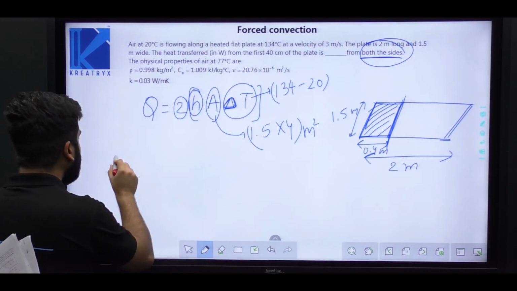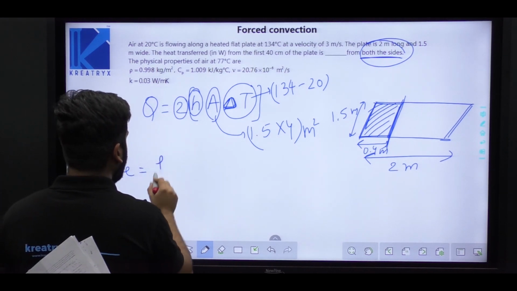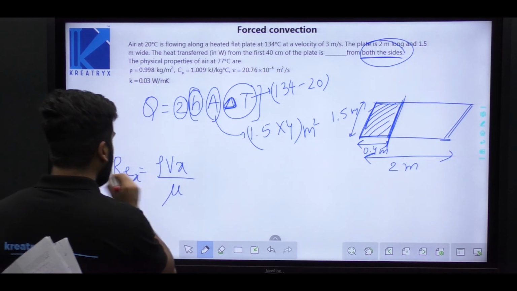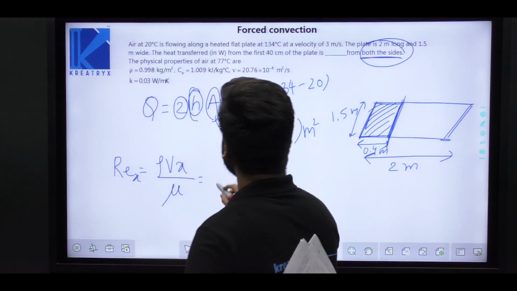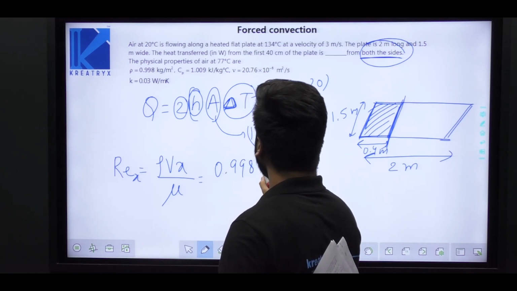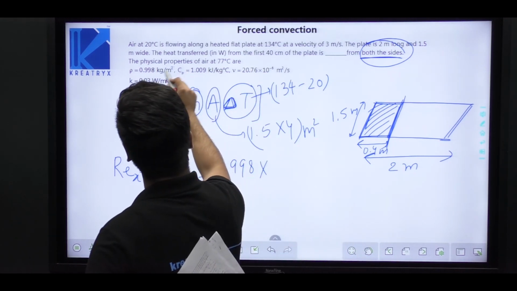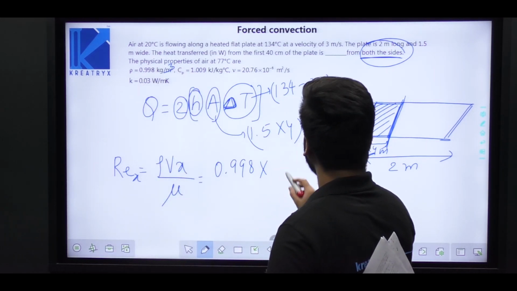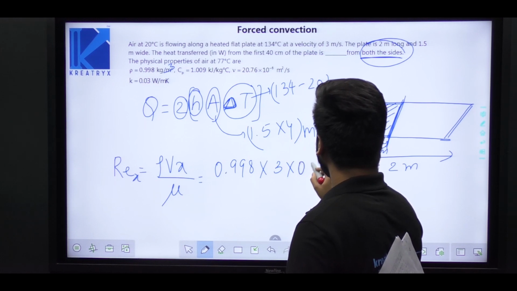So Reynolds number is equal to rho Vx by mu, local Reynolds number. So rho is 0.998 kilogram per meter cube. And V is 3 meter per second. X is 0.4.